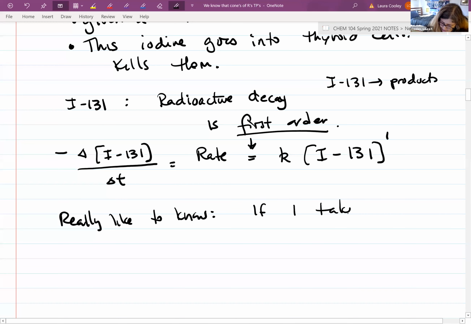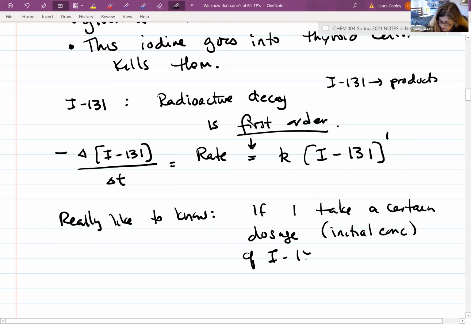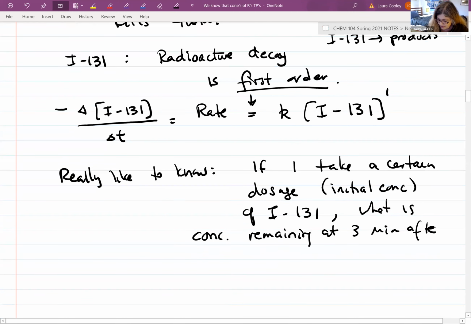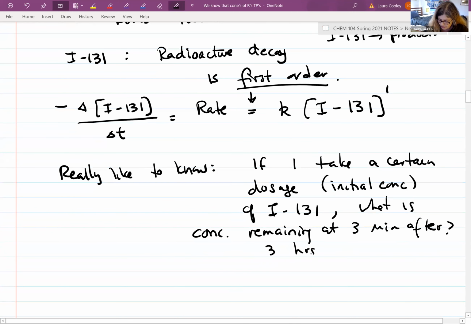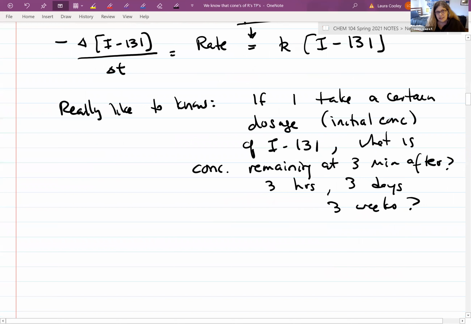If I take a certain dosage, consider it an initial concentration of iodine-131, what is the concentration remaining 3 minutes after you take it, or 3 hours, or 3 days, or 3 weeks? Okay, so that's the kind of thing you'd like to know.